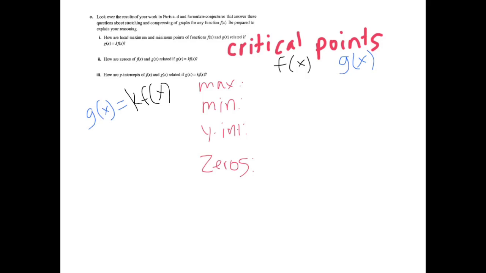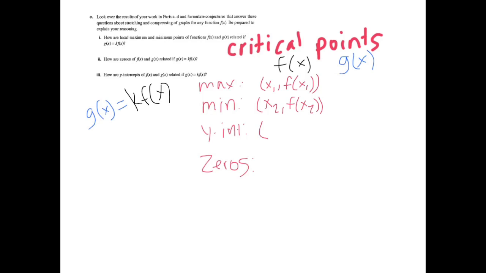So now let's examine our critical points and what values they will have. So just in general, our maximum at f of x is going to be x1, comma, f of x1. And I use the subscripts 1 just to differentiate these numbers from the other critical points. And the minimum, similarly, will be x2, comma, f of x2.